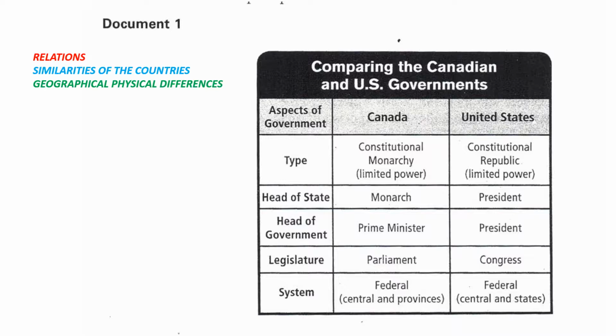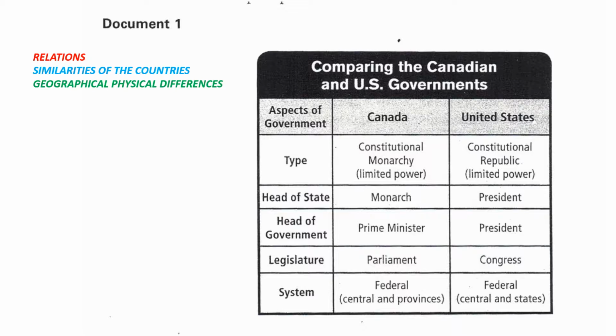What does document 1 have to do with Canada and the United States? Does this document give you information about how the 2 countries relate to each other? Does this document give you information that shows how the countries are the same? Does this document show you how the country's geography, the physical characteristics of the country, are different?